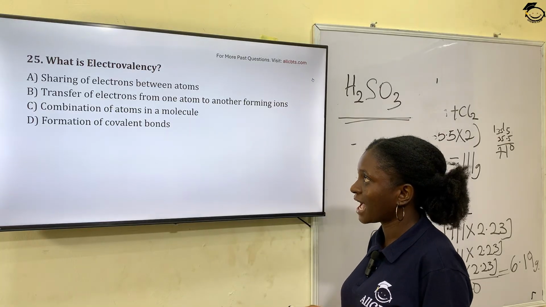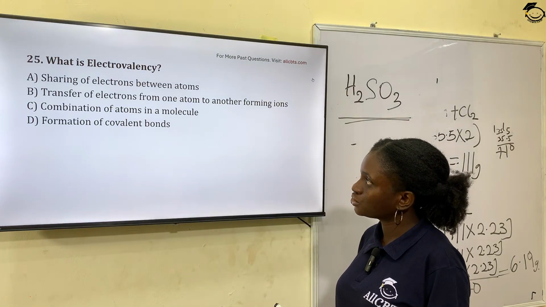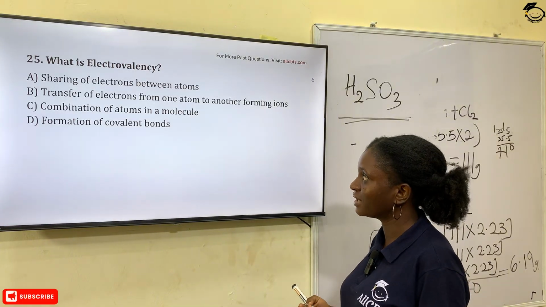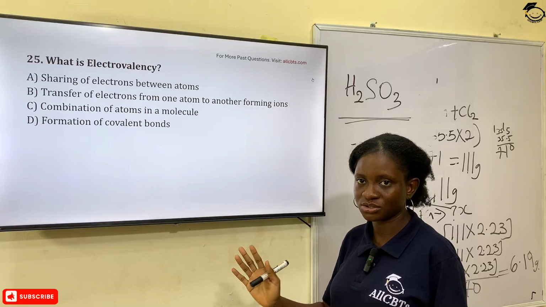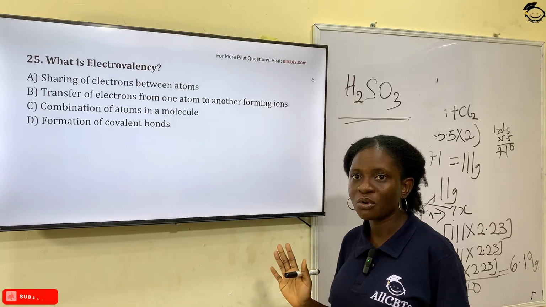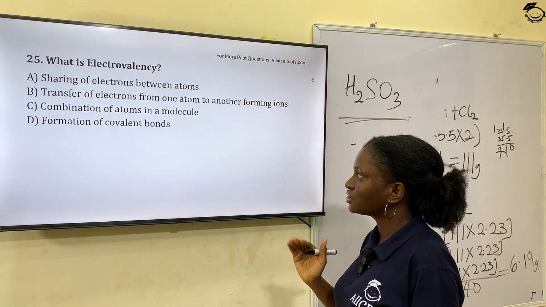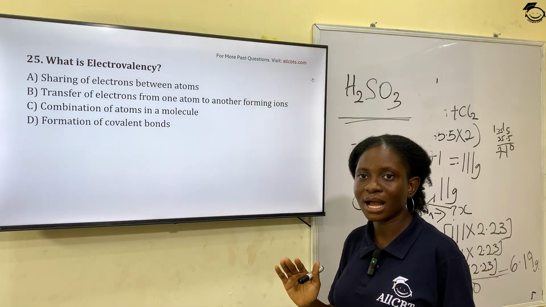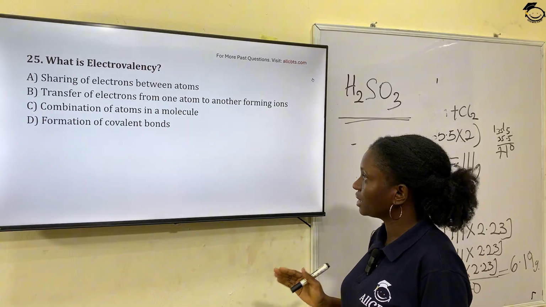Question 25. What is electrovalency? Option A, sharing of electrons between atoms. That's the meaning of covalent. Option B, transfer of electrons from one atom to another, forming ions.